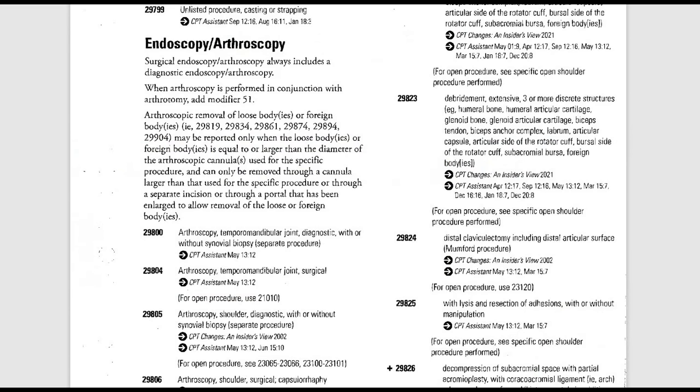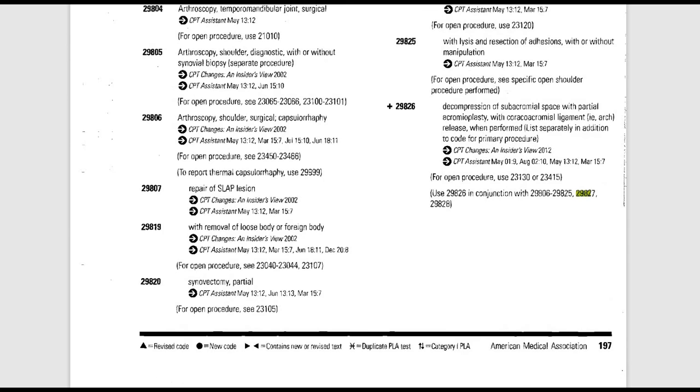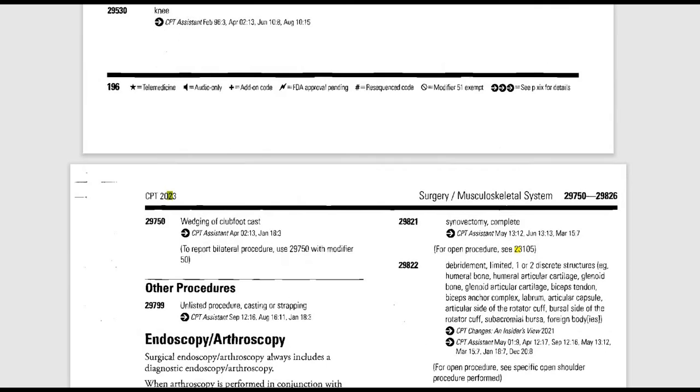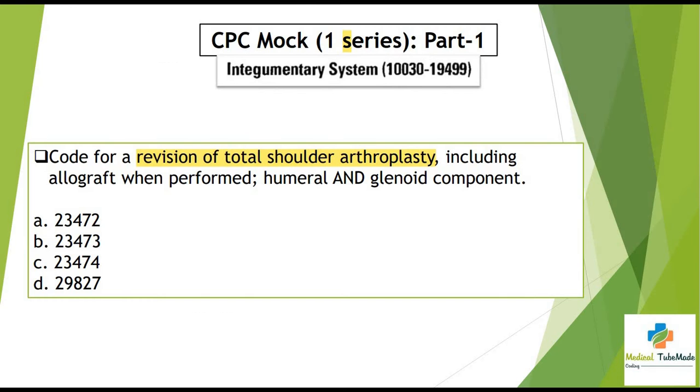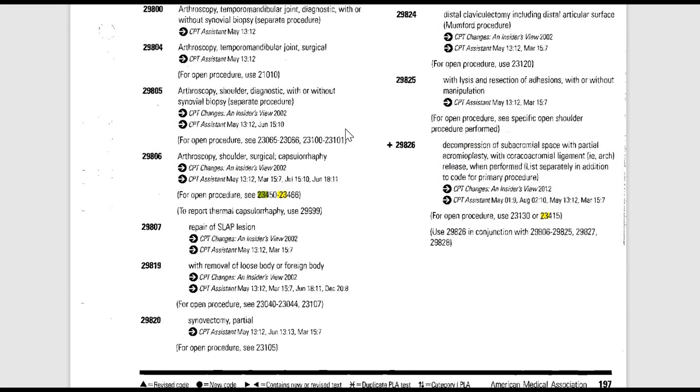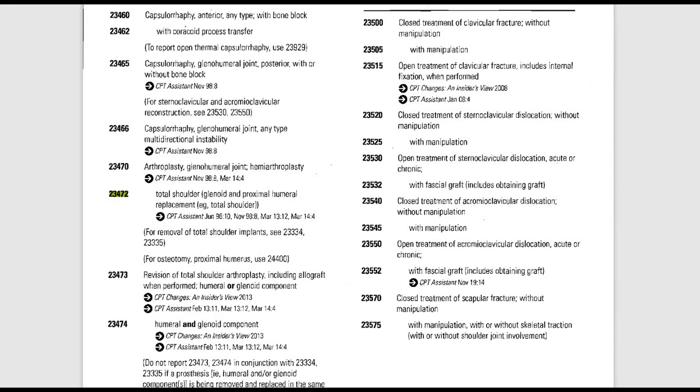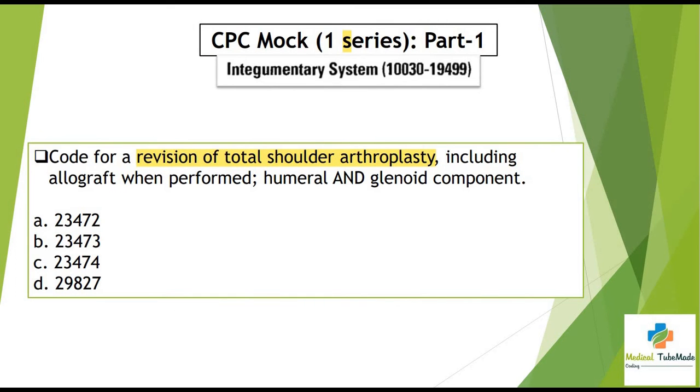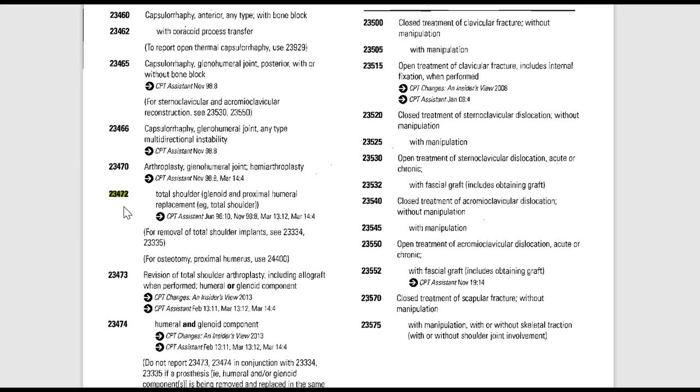23472 is arthroplasty, glenohumeral joint, total shoulder, and then the second code is 23473. 23473 is a revision.